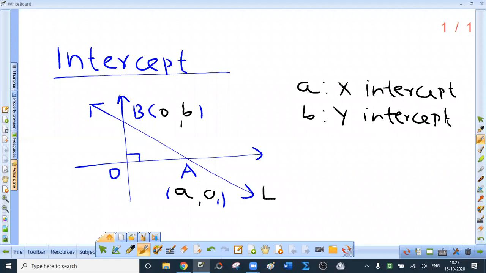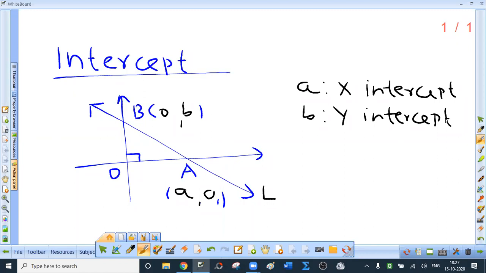I repeat, suppose line L cuts the x-axis in the point A, capital A, with coordinates a comma 0, because if a point lies on the x-axis, its y coordinate is 0, right? Then we say that small a is the x-intercept of the line, or the intercept made by the line on the x-axis is small a. Now this line is cutting the y-axis in which point? 0B.